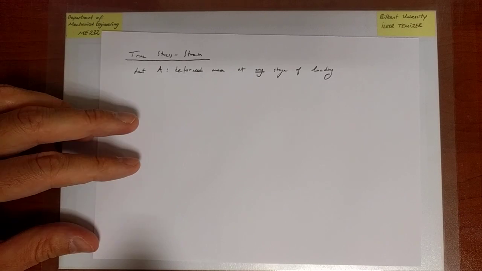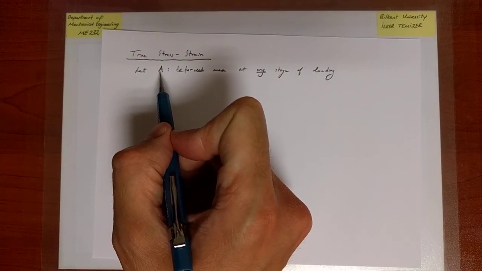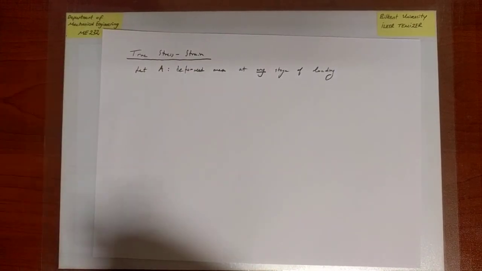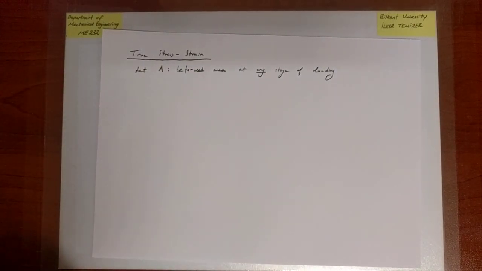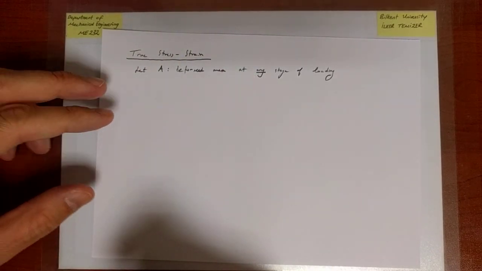Okay, so the initial undeformed area was AI. As the specimen deforms, as you pull on it, the specimen will probably get thinner, and the cross-section area will therefore decrease. And that cross-section area is now going to be called A.